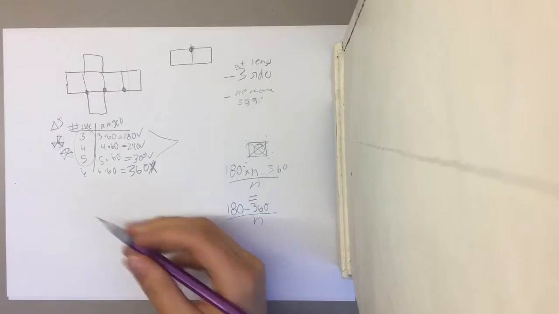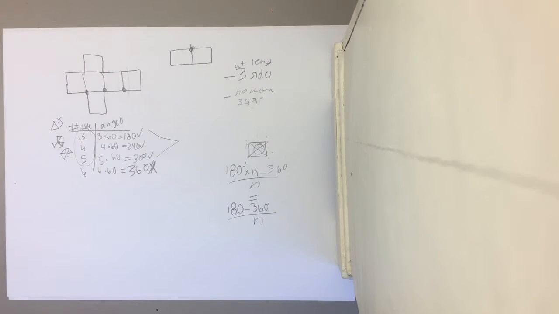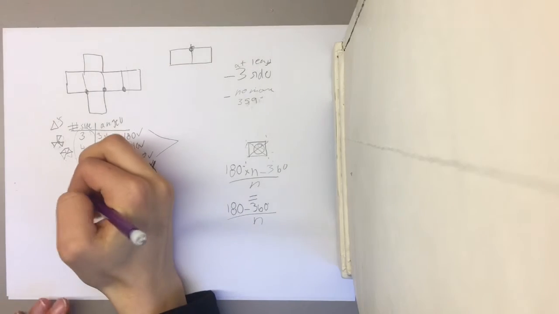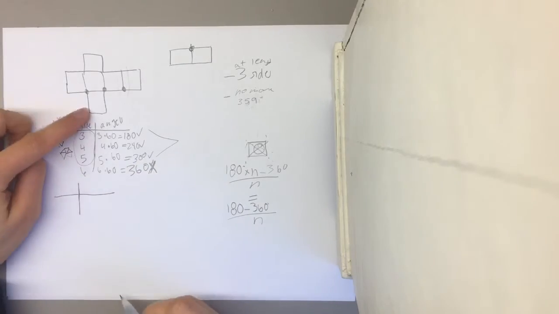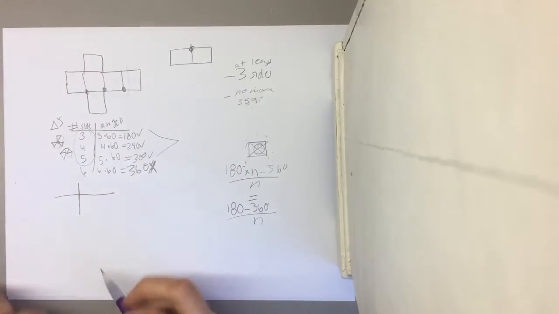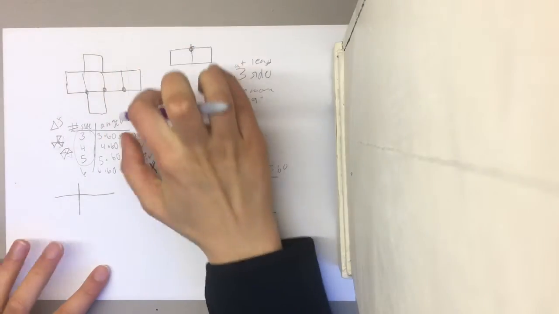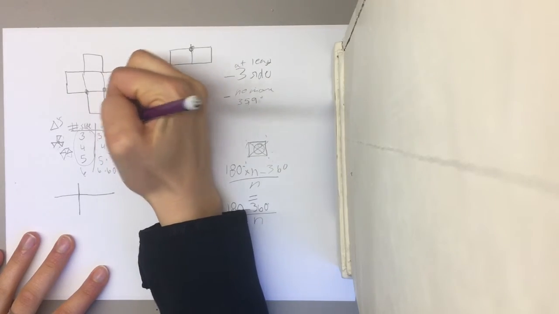So now, instead of equilateral triangles, we're going to look at squares. Oh, this is supposed to be angles, not angels.